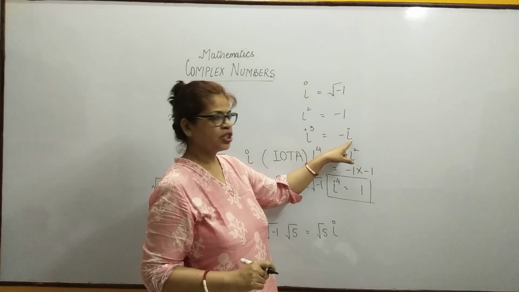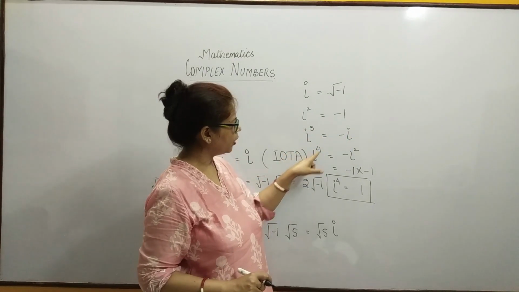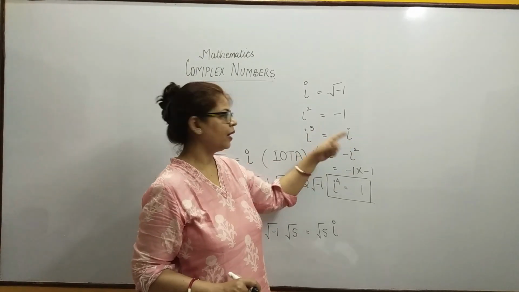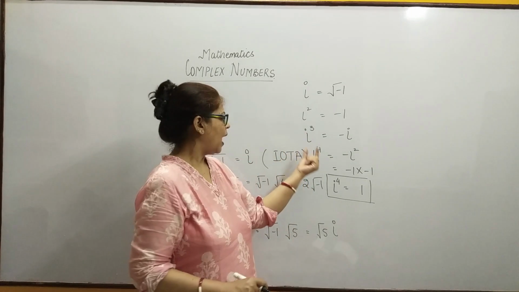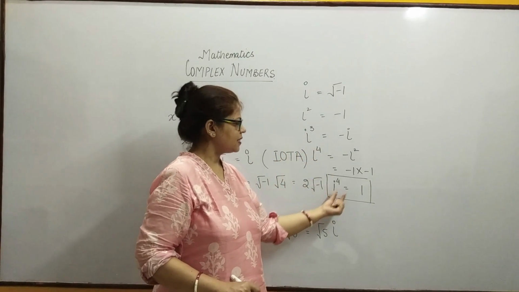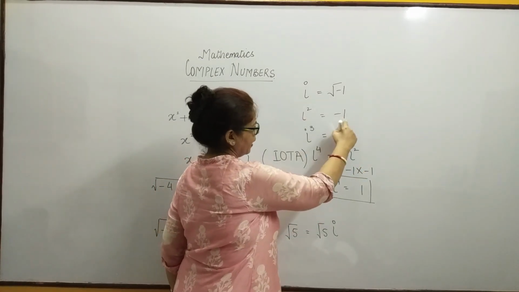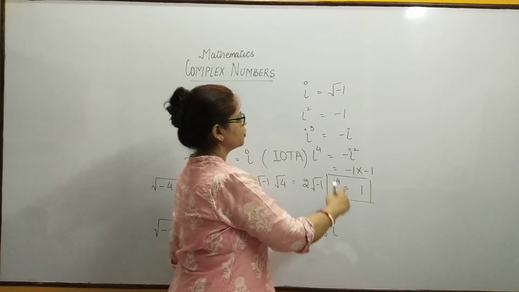In this expression again multiplied by i, i cube will become i to the power 4 and minus i will become minus i square, because you multiplied by i on both sides, so one more power of i was raised. i to the power 4 as it is and minus i square, you know that i square can be written as minus 1, so minus 1 into minus 1 gives you plus 1.